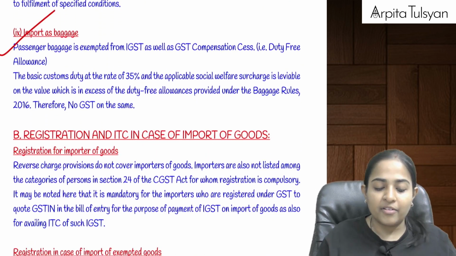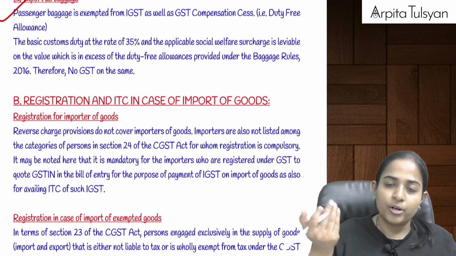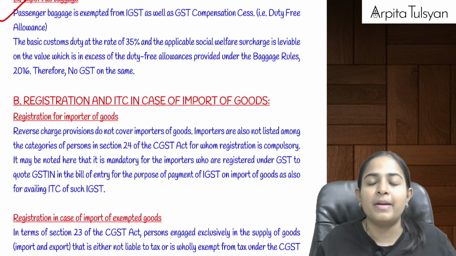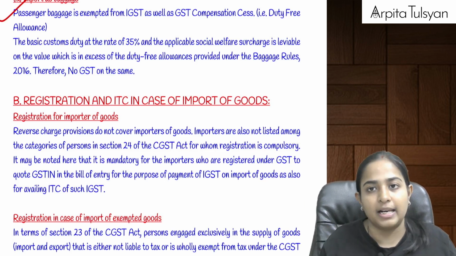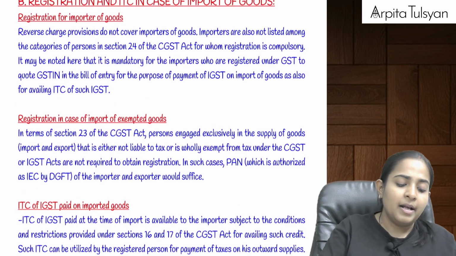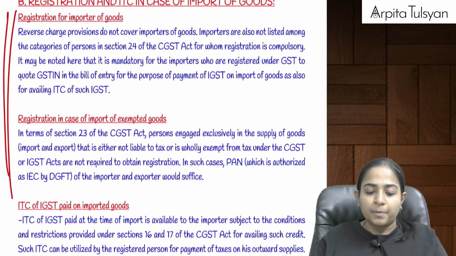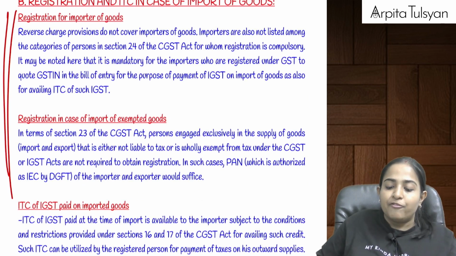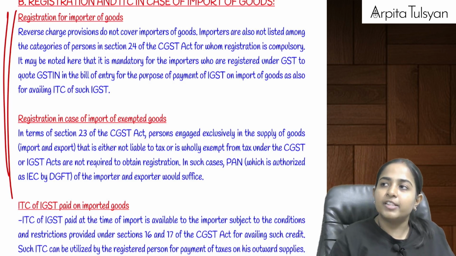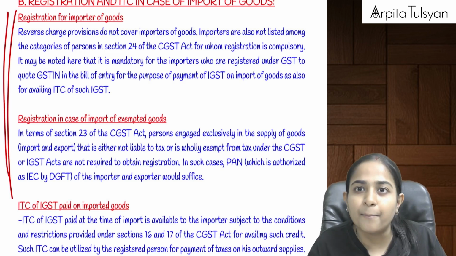And last, whenever you are importing something as baggage, at that time GST is not applicable, but customs will be applicable if it exceeds the duty free allowance, but GST is not applicable, right? Now, for the purpose of import of goods, if you are importing any taxable goods, then obviously you would be registered under GST, so that GST number can be used as your import export code.